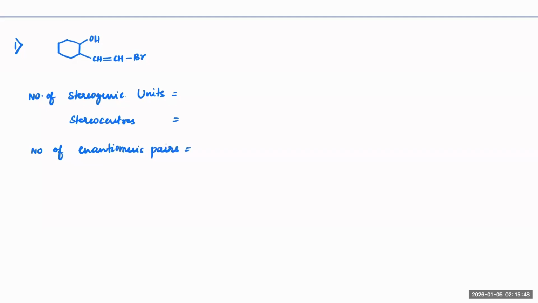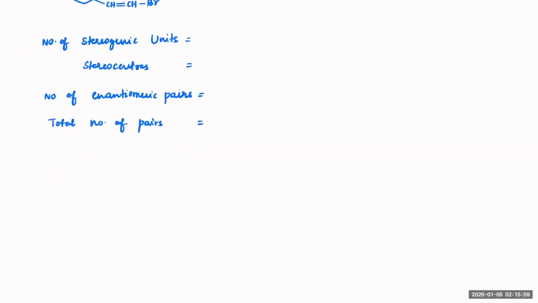Correct. Next, total number of pairs. How many do we have? Got it. And number of fractions. That means how many fractions will come out of fractional distillation.